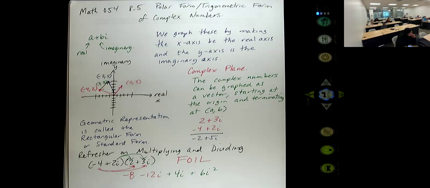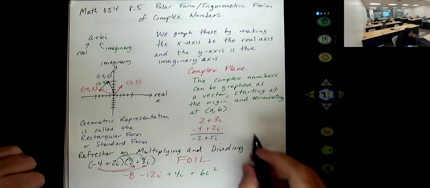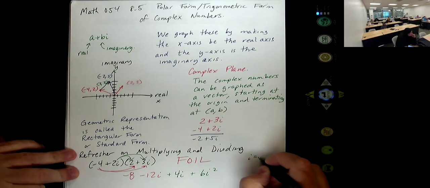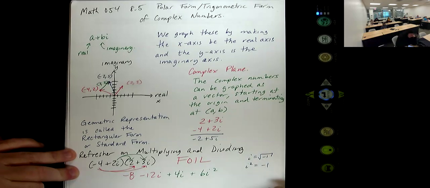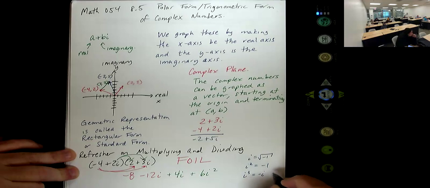Does anyone remember what i squared equals? It equals -1. So maybe we better talk about the powers of i. i is the square root of -1, so i squared is -1. i cubed is the same thing as -i, or negative square root of -1.